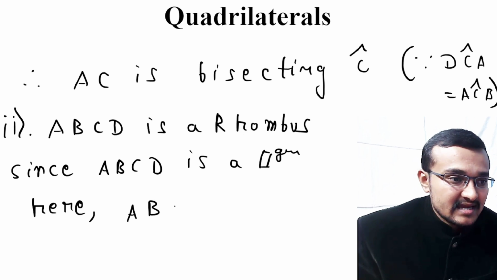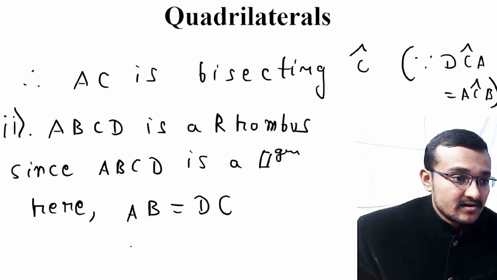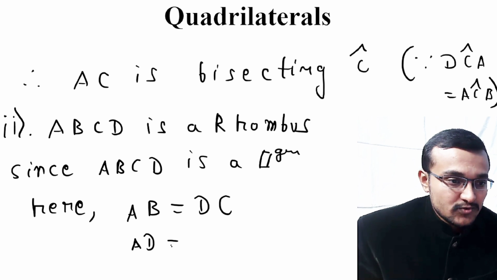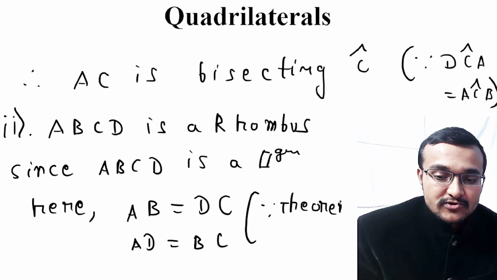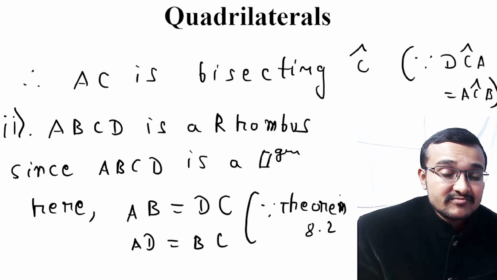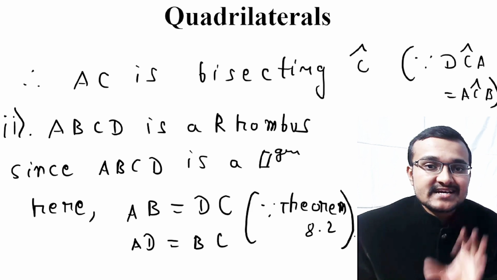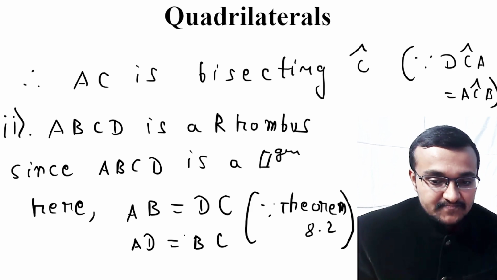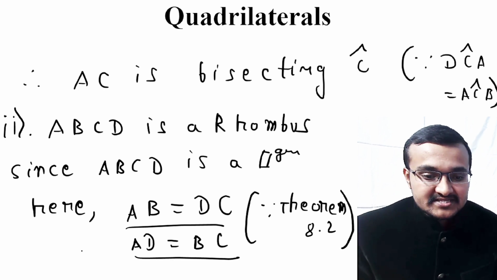So AB will be equal to DC, and AD will be equal to BC. This is according to theorem 8.2. If you don't know what theorem 8.2 is, you can refer to my previous video where we discussed that opposite sides in a parallelogram are equal to each other. So now AB is equal to DC and AD is also equal to BC.